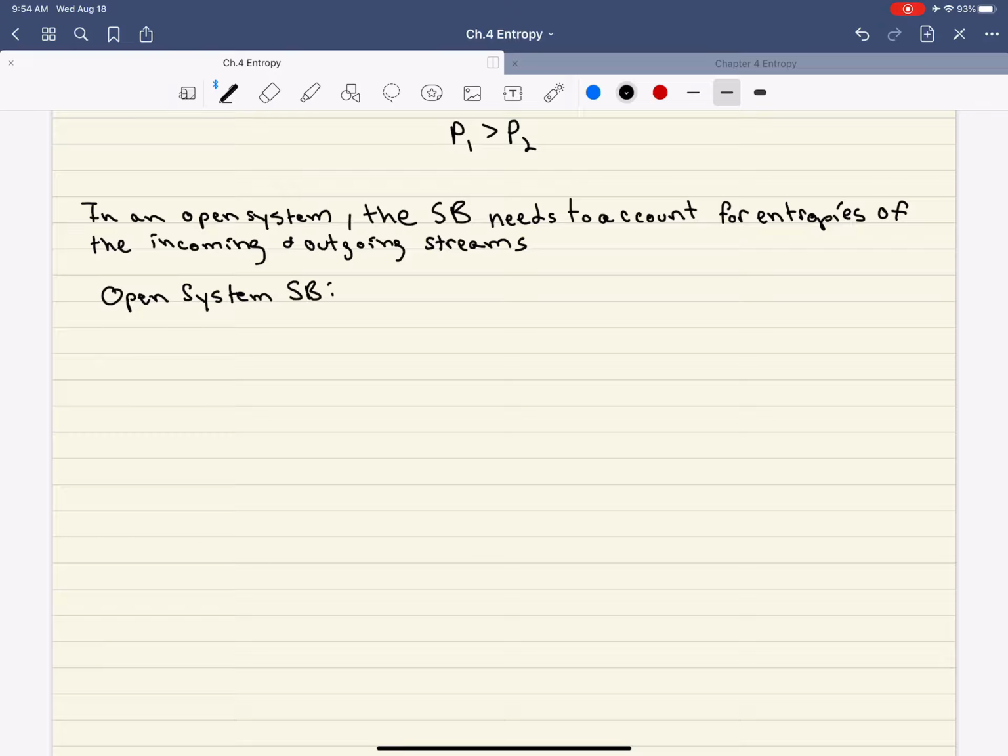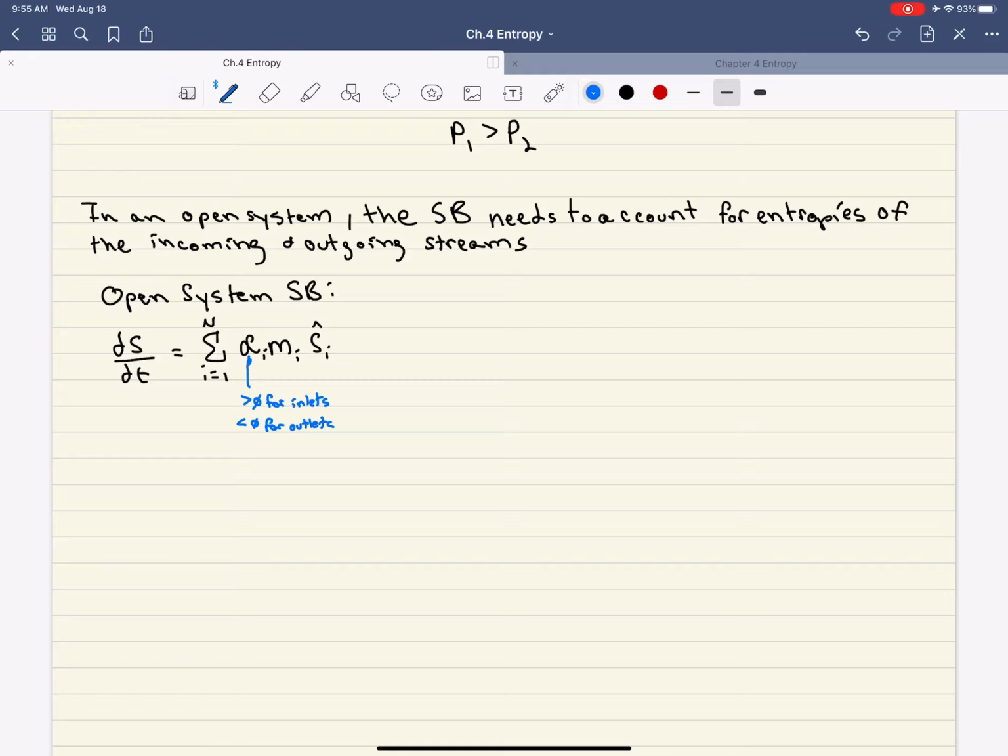Right? And so for the open system, what we write is dS/dt is equal to a summation term that accounts for the entropies of the incoming and outgoing streams, where once again alpha here is positive for inlets and then negative for outlets.